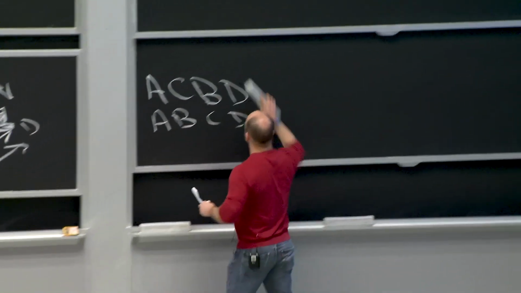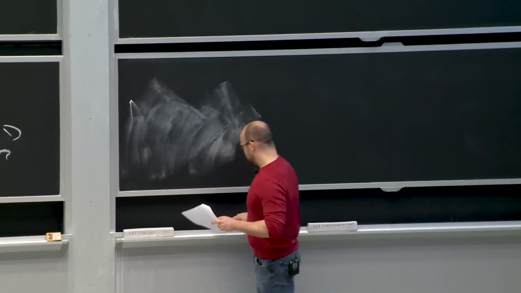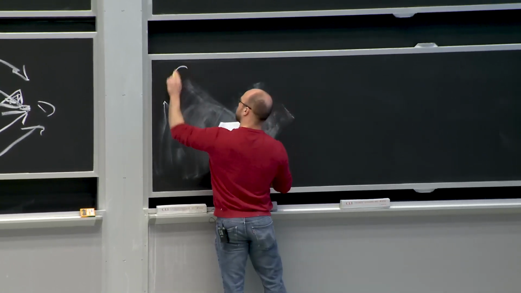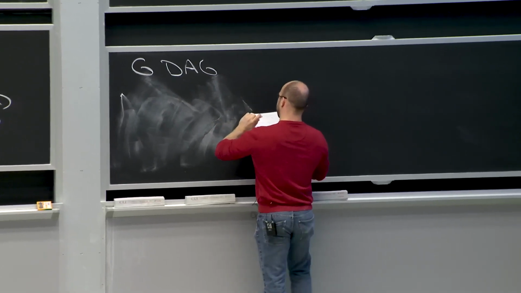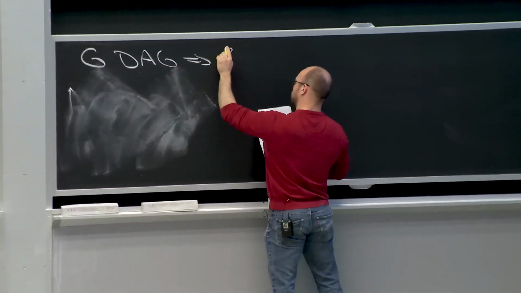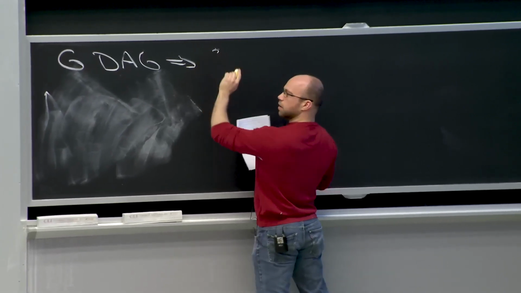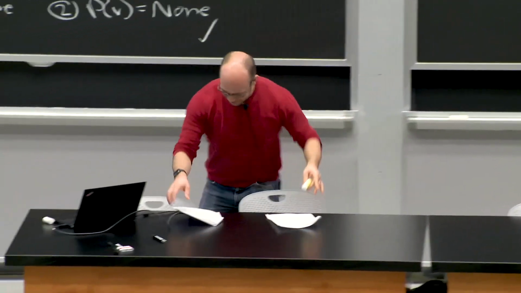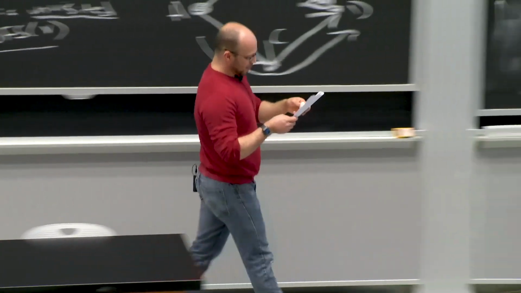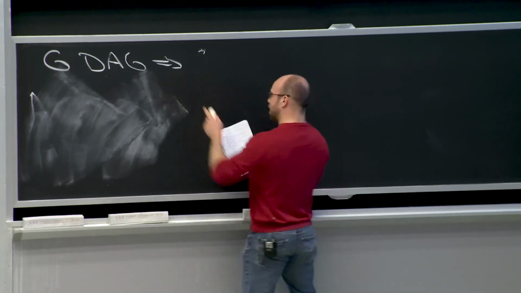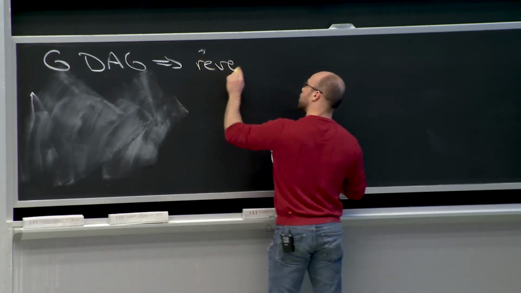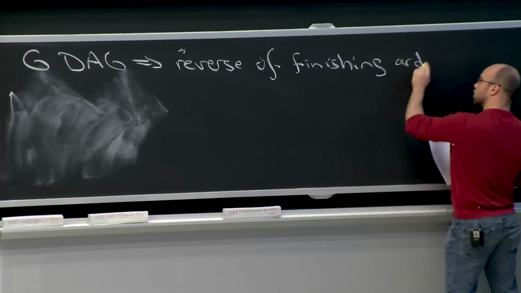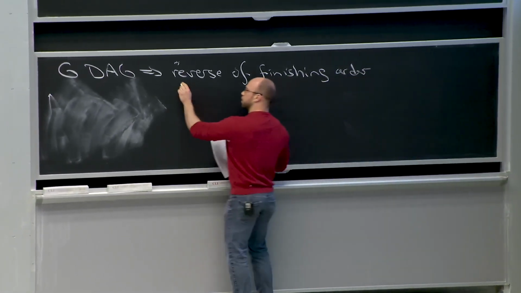In other words, our claim here is that if I have a directed graph G that is a DAG, then the reverse of the finishing order is a topological order.